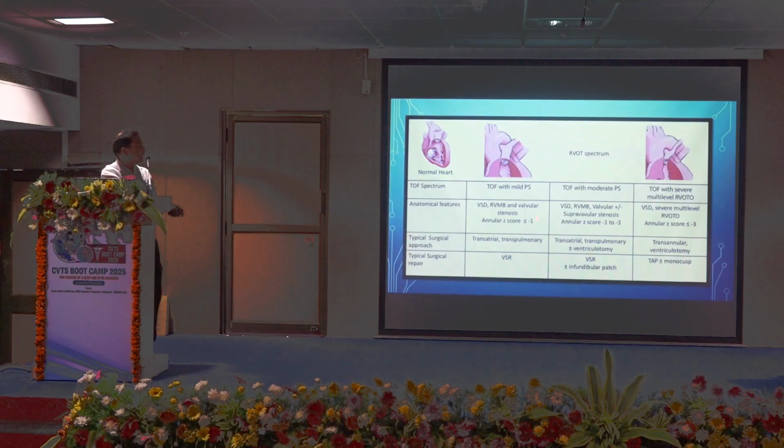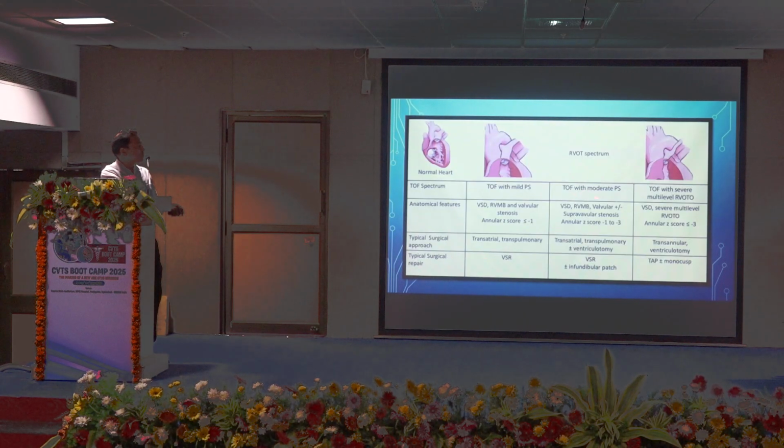So if the Z score is less than -1, you can do a transatrial transpulmonary approach, close the ventricular septal defect, remove the RVOT muscle bundle, and then do some valvotomy or supravalvular tethering release. So it is a valve sparing repair.